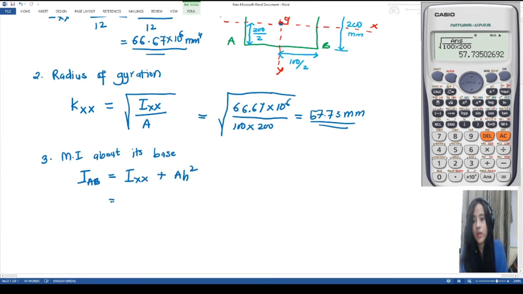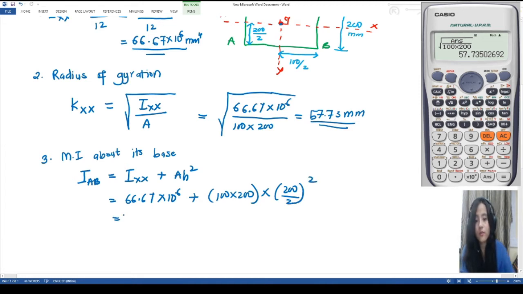So how much is my Ixx here? It is 66.67 into 10 raised to power 6 plus area is 100 into 200 and my height here is 100, 200 divided by 2 is 100 square, right?